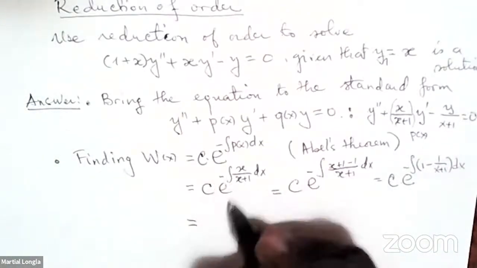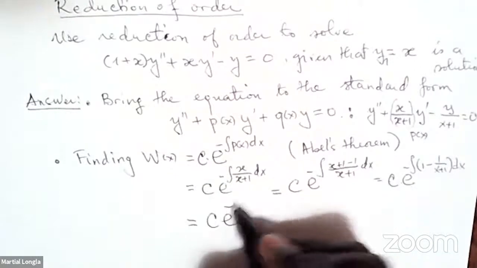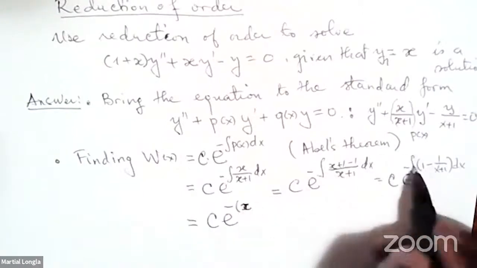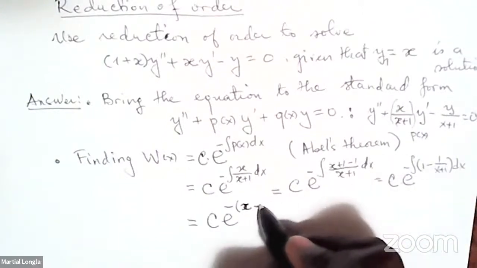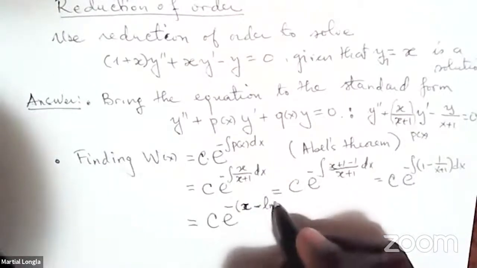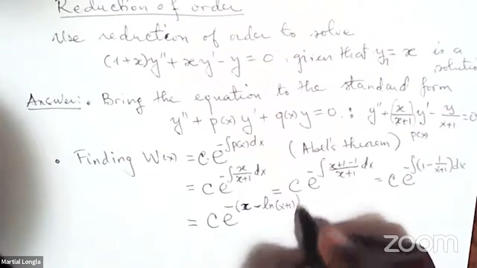Computing that integral, I get c e to the negative x, since the integral of 1 is x, and the integral of dx over x plus 1 is natural log of x plus 1.